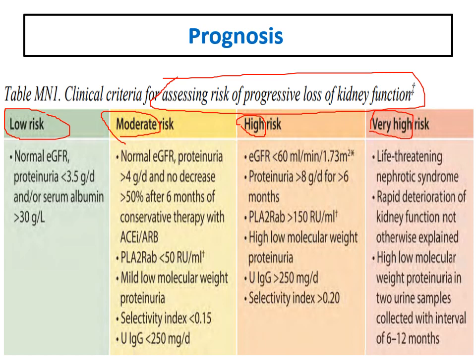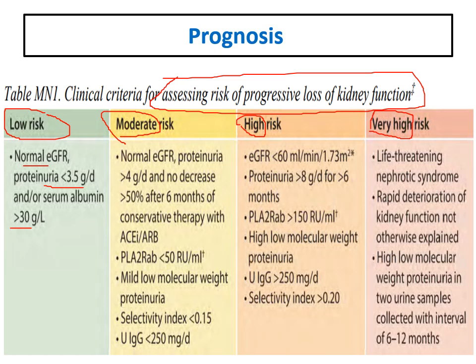Who are the patients at lower risk for progressive loss of kidney function? Patients with normal GFR, proteinuria less than 3.5 gram per day, and serum albumin more than 3. So normal GFR, proteinuria less than 3.5, and serum albumin more than 3.